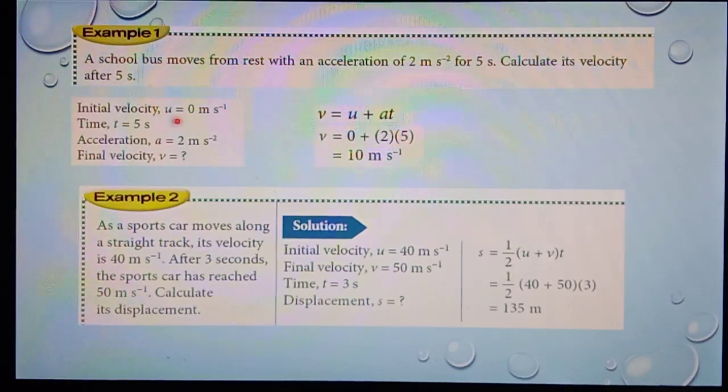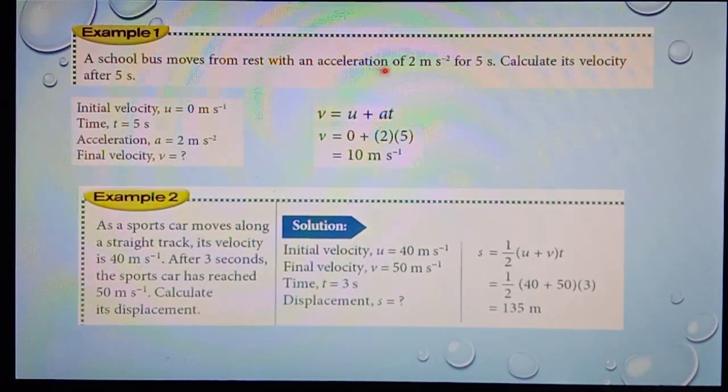So you write down first, u equals 0 meters per second. Then acceleration, a equals 2 meters per second squared. For 5 seconds, meaning time taken is 5 seconds. Calculate velocity after 5 seconds: this is the final velocity. So we want to find the final velocity.